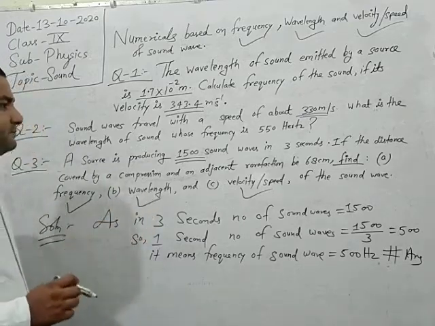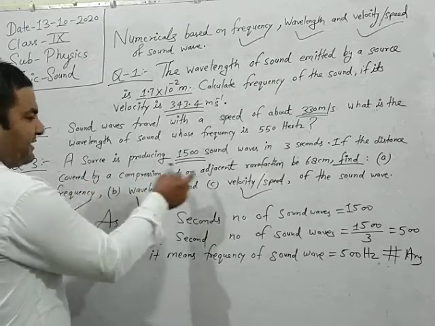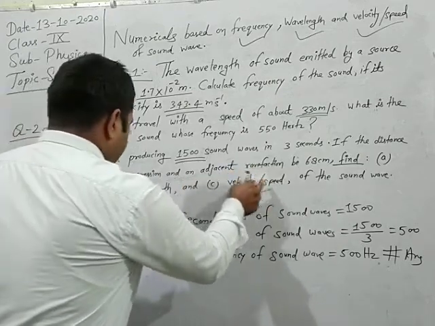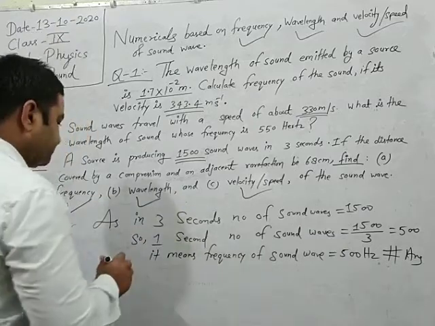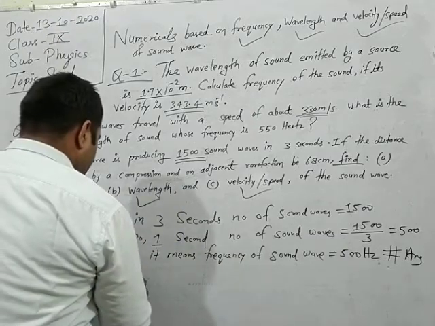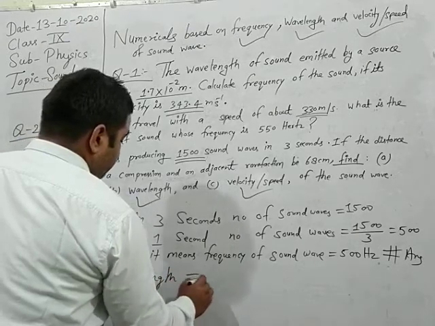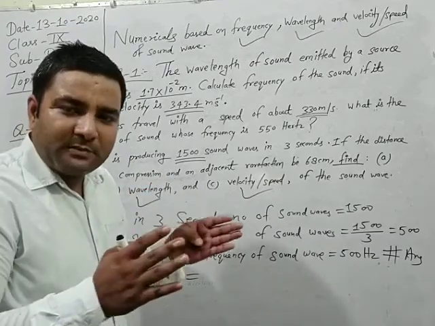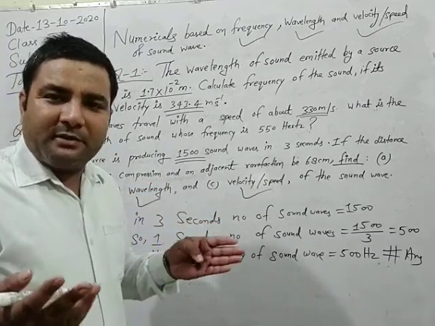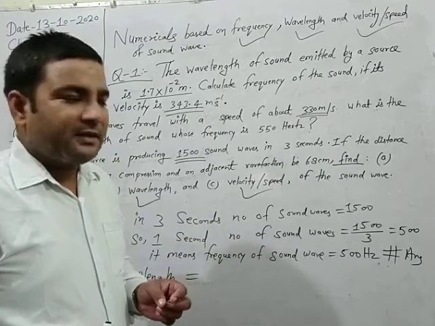Wavelength. Here it is given that the adjacent compression and rarefaction are separated by 68 centimeter. Wavelength is equal to the distance between two consecutive compressions, or in between a compression and a rarefaction.